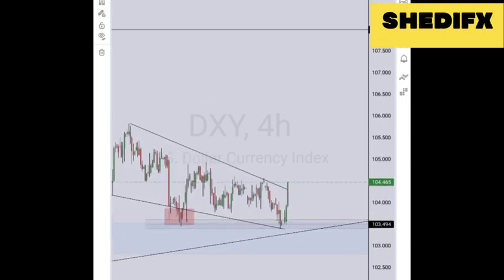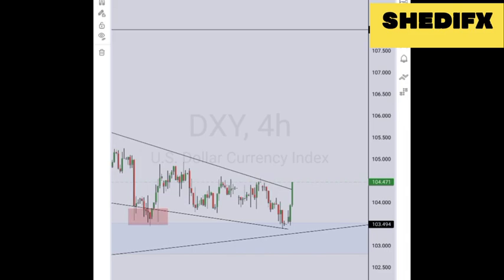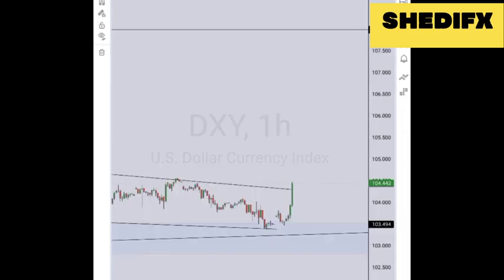We bounce off this area, and then we should be looking to the upside. Let me delete this. For the market to start buying this way, giving us this strong move, it's like trying to tell us that the institutions or the bankers are pushing price now. So we just have to scale into it and then find our entry.